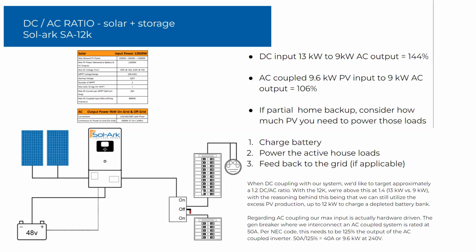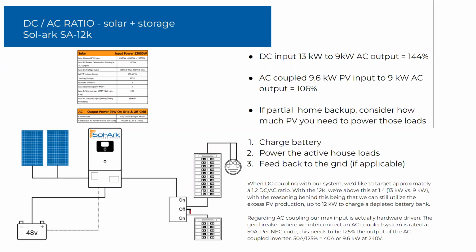Because if I'm using partial home backup during an emergency, I may only need my lights, my fridge, a couple wall outlets, and a fan. In that case, the amount of excess PV I need in order to recharge a battery that's only powering those sorts of loads is much less than if I am in a fully off-grid setup where I need my PV to recharge everything in my home.